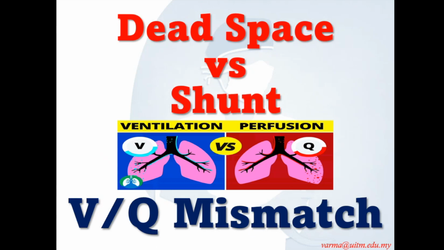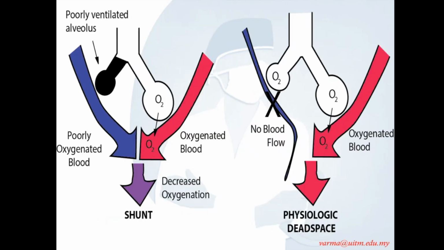Before we go into that, a brief discussion on dead space versus shunt. I've talked about it a few slides earlier, but just to go again, repetition. Shunt is when you have an alveolus or a unit that is being perfused but not ventilated.